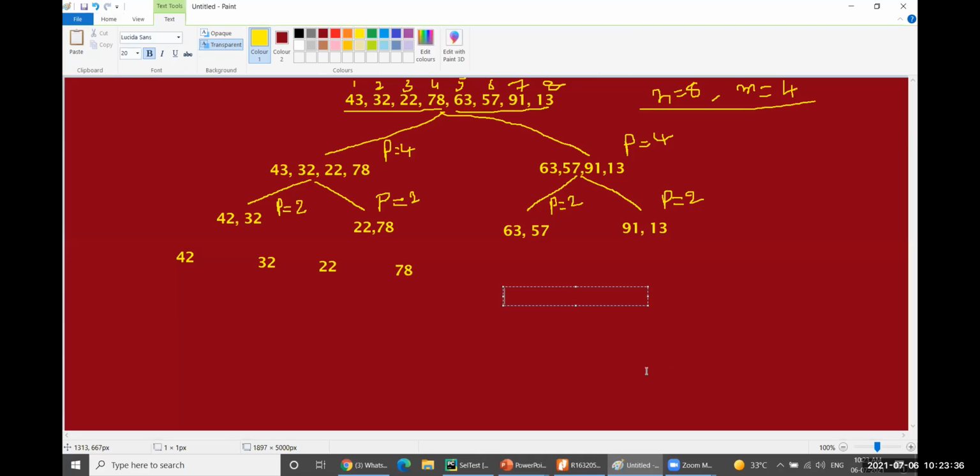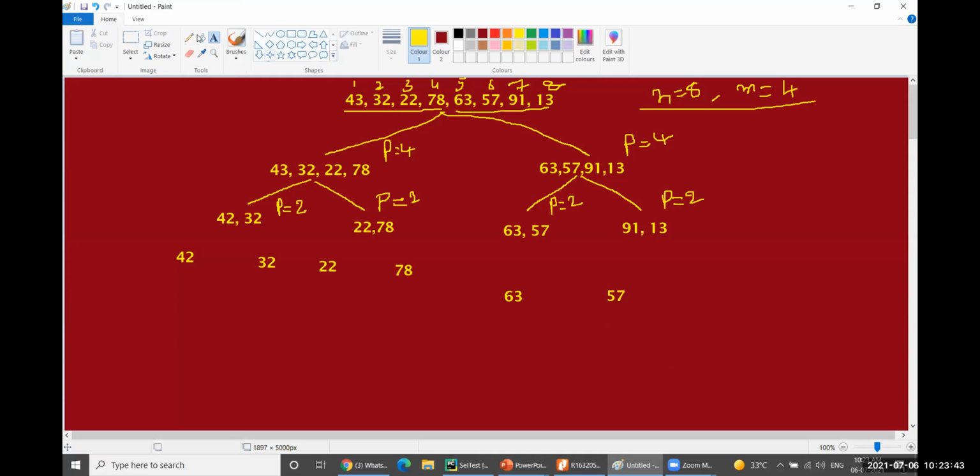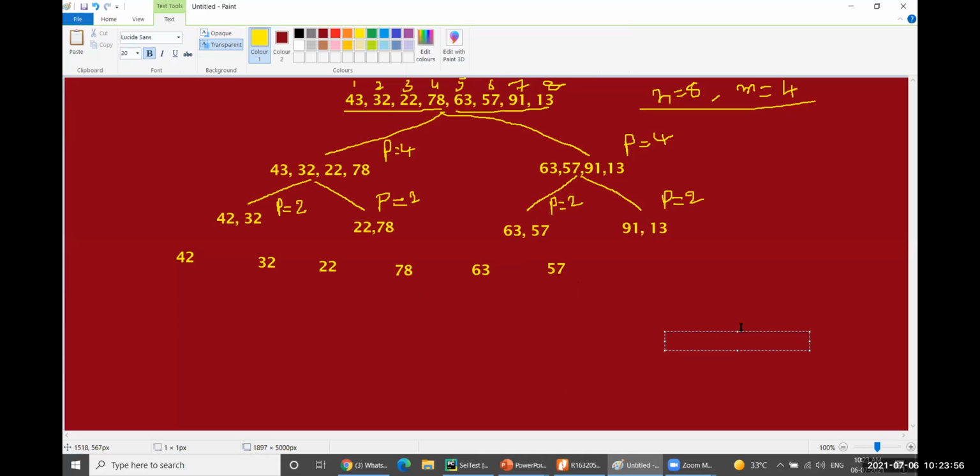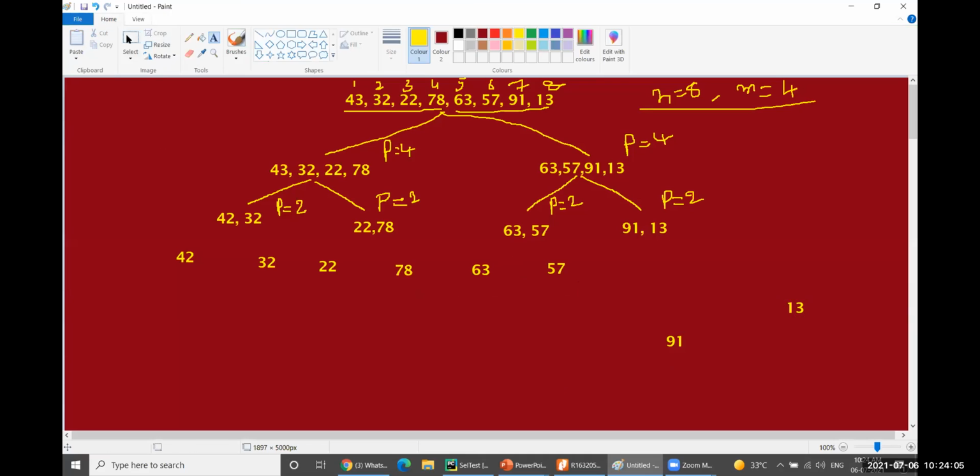Then 53 is one and 57 is the second one. These two will be taken into consideration, so that it could be taken here. Then 91 is the first one, and the second sublist will be 13. These two will be taken something like this, and here something like this.